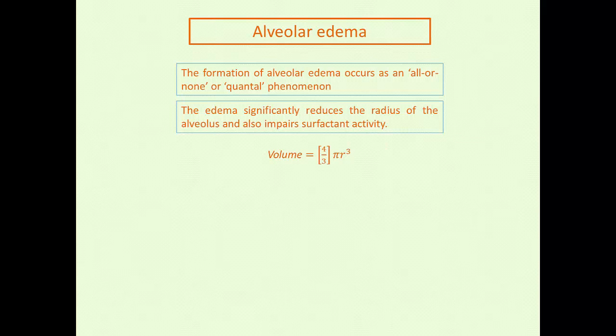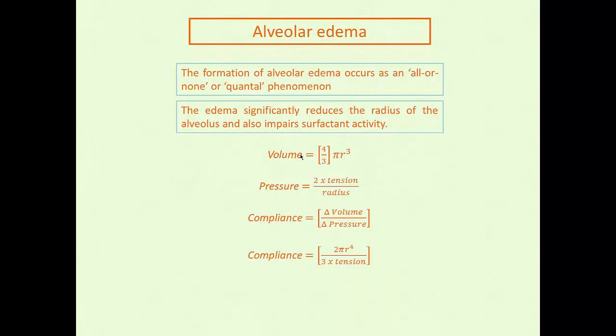So by a simple mathematical relationship, if you assume that the alveolus volume is that of a sphere, 4/3 pi r to the third, and that pressure by the law of Laplace of the sphere is two times the tension in the alveolar cells, in this situation the tension on the type 1 pneumocytes, divided by the radius of the alveolus, then you can plug it into the compliance equation, which is change in volume over change in pressure.